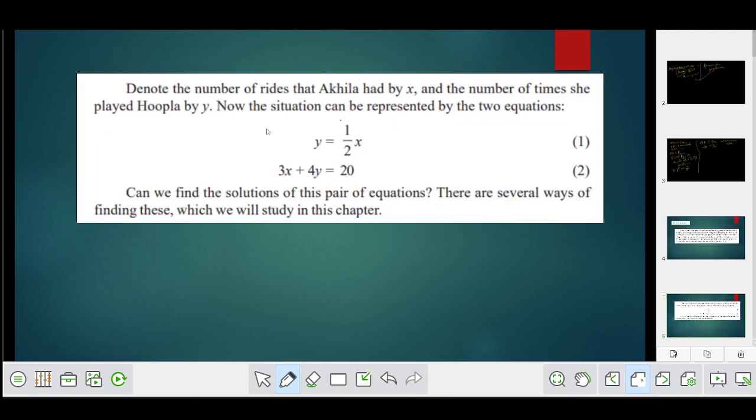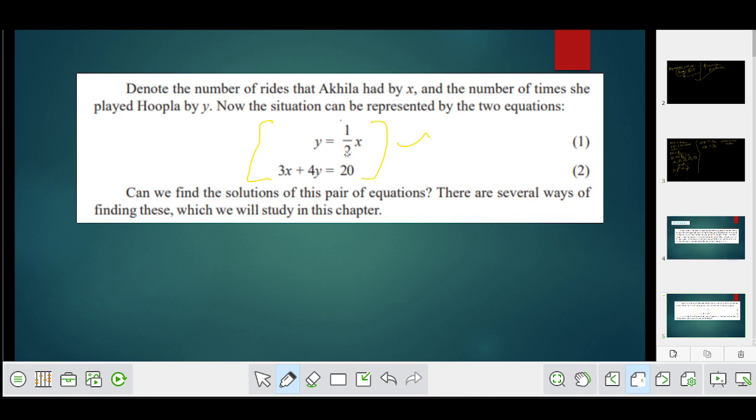Here we have denoted this story in the form of some expressions. These are two equations in two variables.